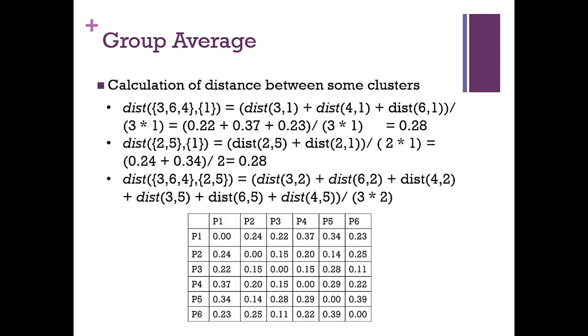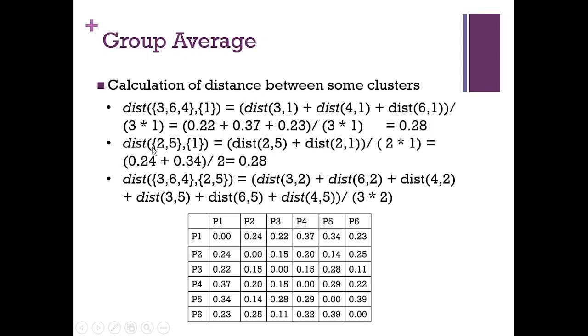If I need to find the distance between some of the clusters, let's say there is a cluster 3,6,4 and a cluster 1, and I want to find using group average the updated proximity if I were to merge 3,6,4 with 1, it would be the distance between 3 and 1, 4 and 1, plus 6 and 1, divided by the number of points in the first cluster, which is 3, times the number of points in cluster 1. Taking out the values, it comes out to be 0.8.